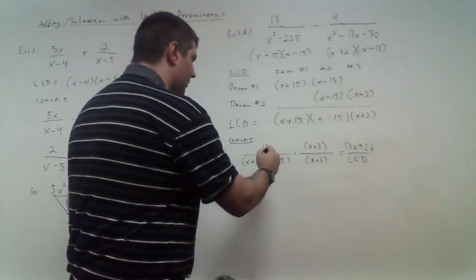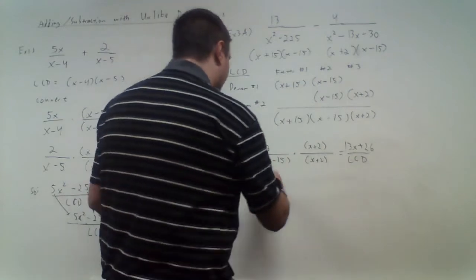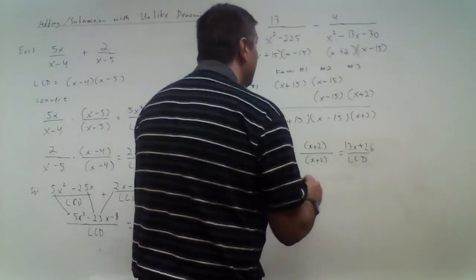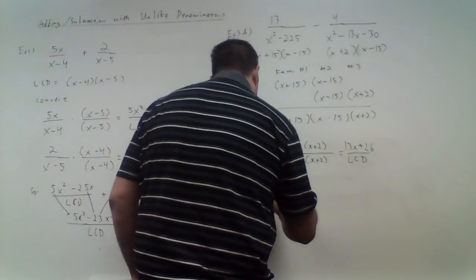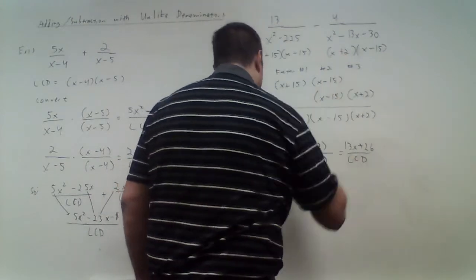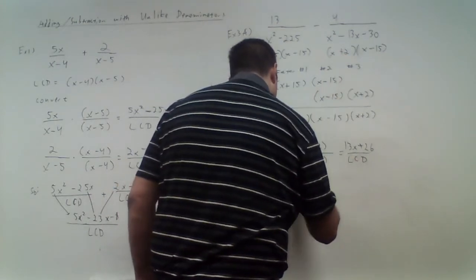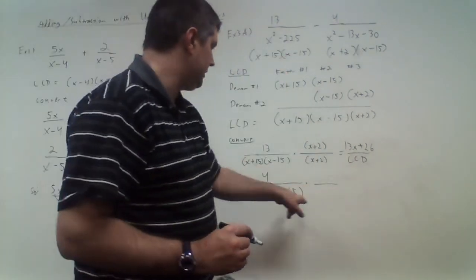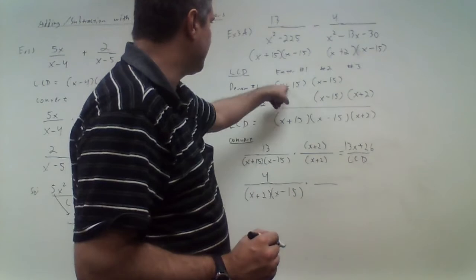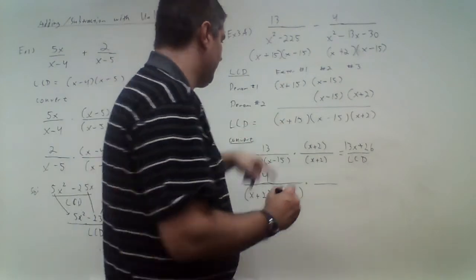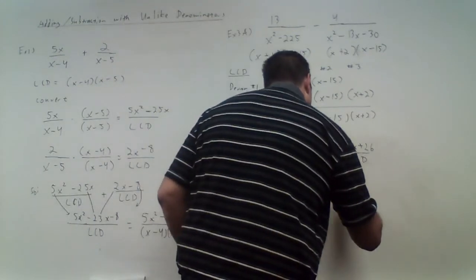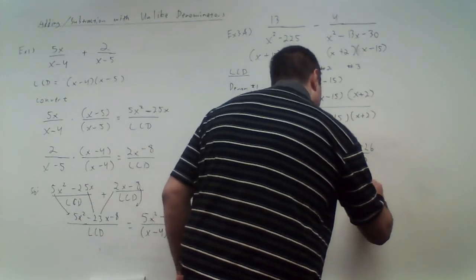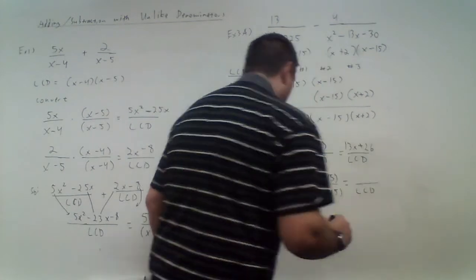And then for the other denominator, we're going to have 4 over x plus 2, x minus 15. And this denominator is missing the x plus 15. Okay? And you'll keep the LCD down here.